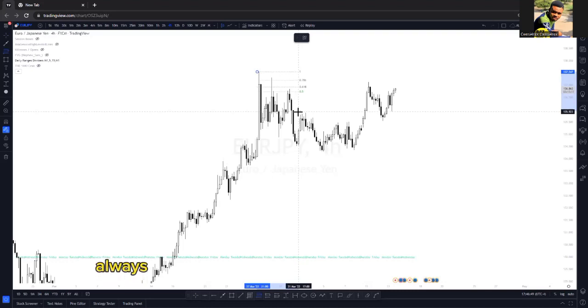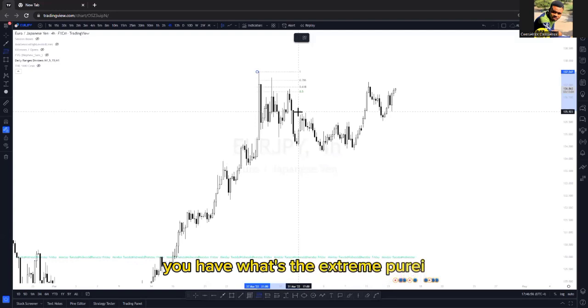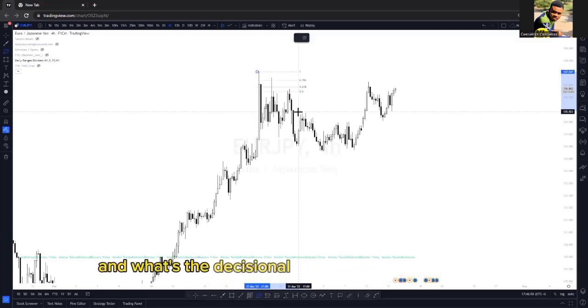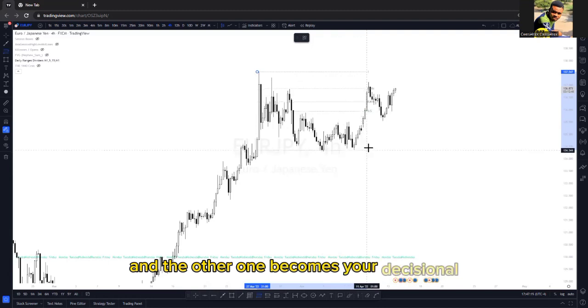So always when you are identifying your point of interest, you have the extreme POI and the decisional point of interest also, right? Sometimes you'll be in a situation where you identify 2 points of interest at the same time, right? One becomes your extreme and the other one becomes your decisional.